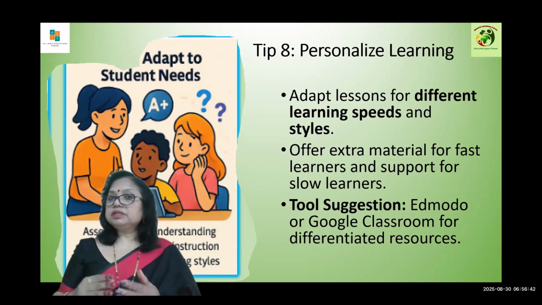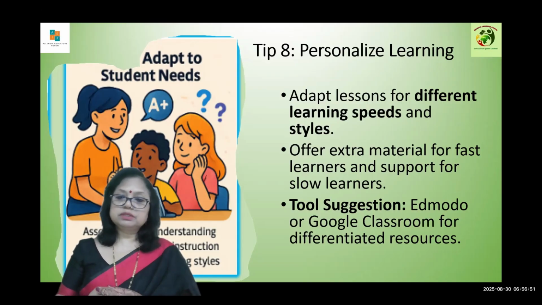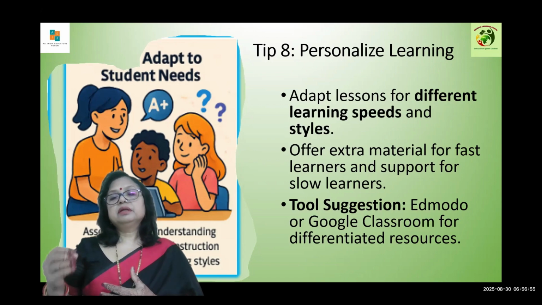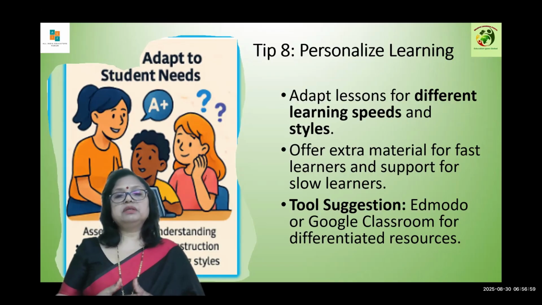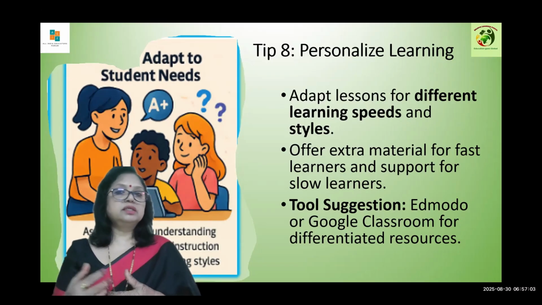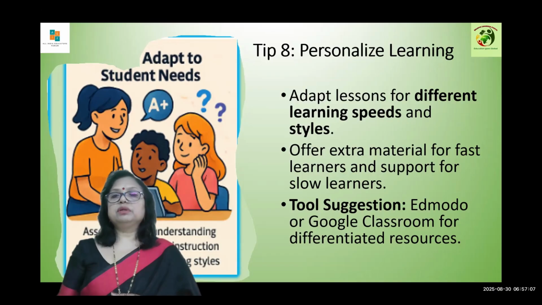You can also interact with the parents if something is required with the help of their diaries, putting notes across there. And then it's important that we understand at what speed the child is able to learn, plus in what way the child learns. They are going to express in what way they are able to learn best.